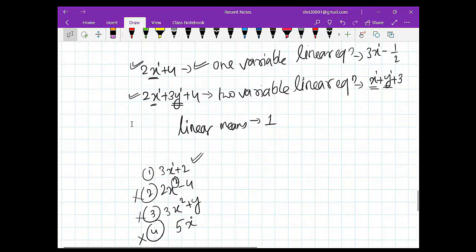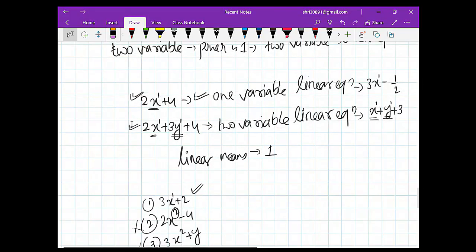I hope you came to know what is a variable, what is a constant, and what about monomial, binomial, trinomial, and what is meant by polynomial. And which are not polynomials, then which one is a linear polynomial or linear equation. What is meant by equation and linear equation. So in linear equations, there are one variable and two variable linear equations.